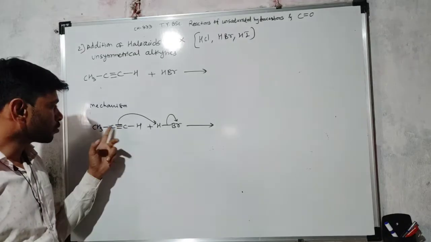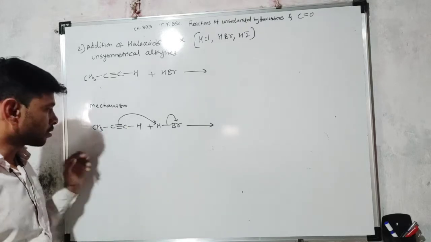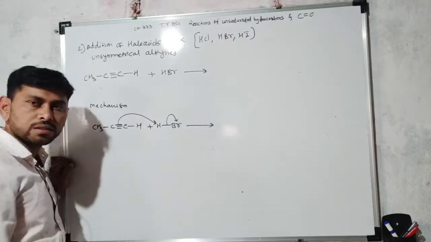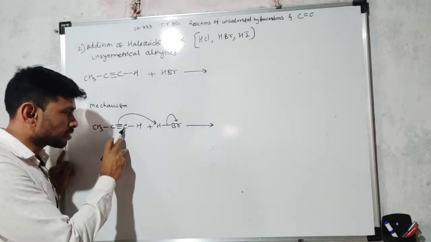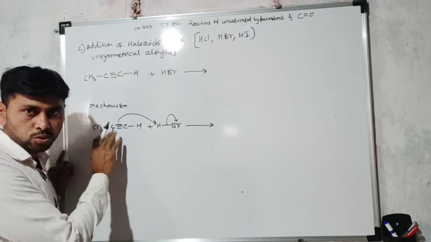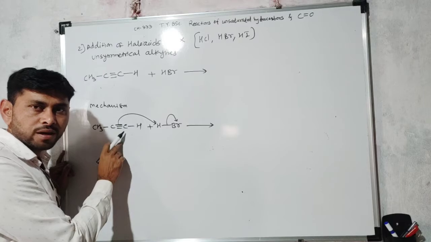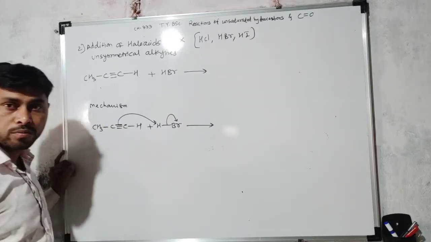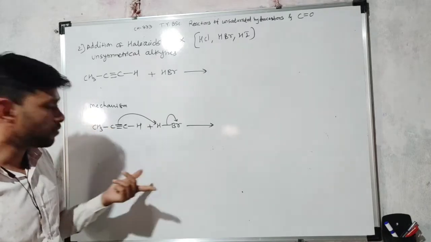When the electron density shifts to accept the proton, the hydrogen gets attached to one of these two carbons. One carbon is attached to hydrogen, but the bond leaves from two carbons, so the other carbon is left with a positive charge, a deficiency.